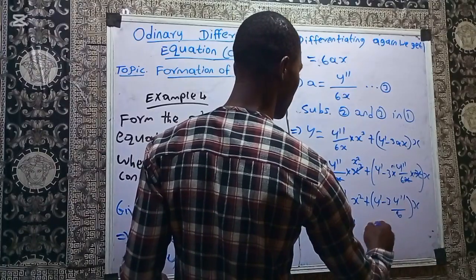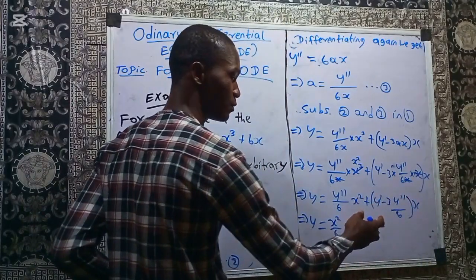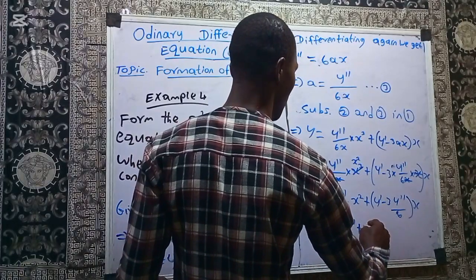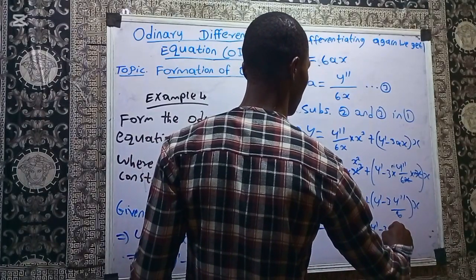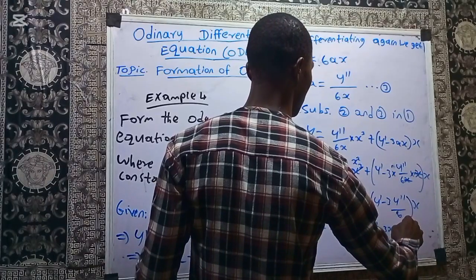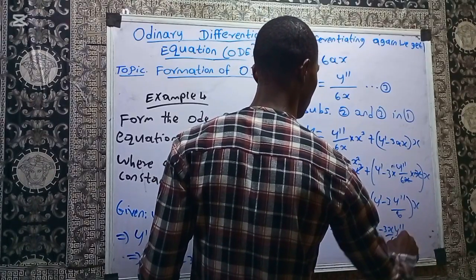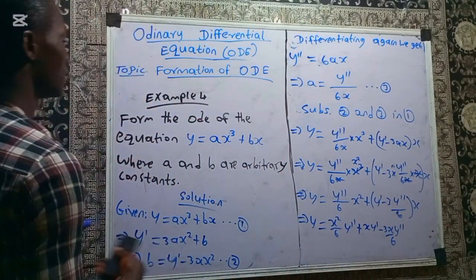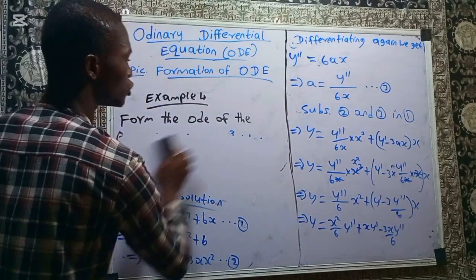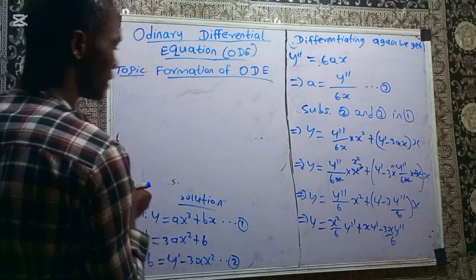Then if I open this bracket with x, I have plus x y prime minus 3x y prime prime divided by 6. That's what you have.